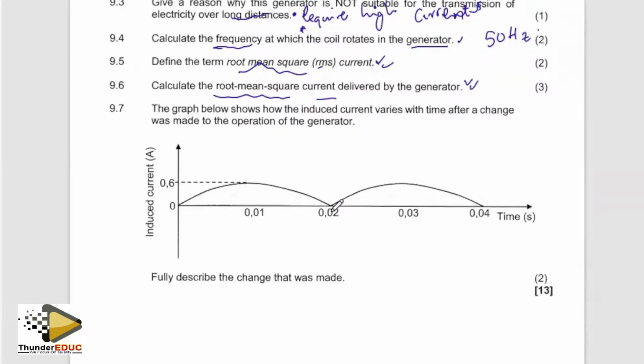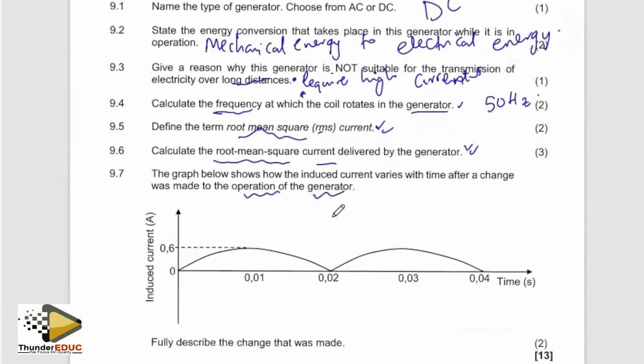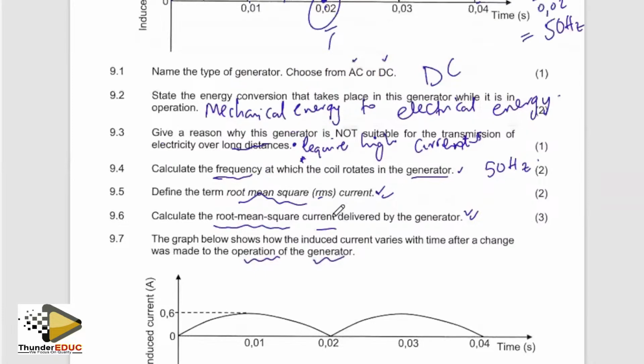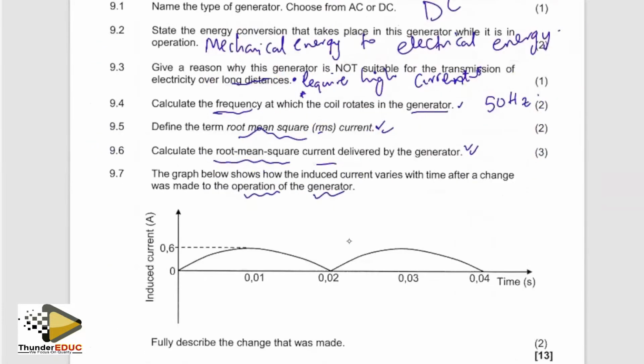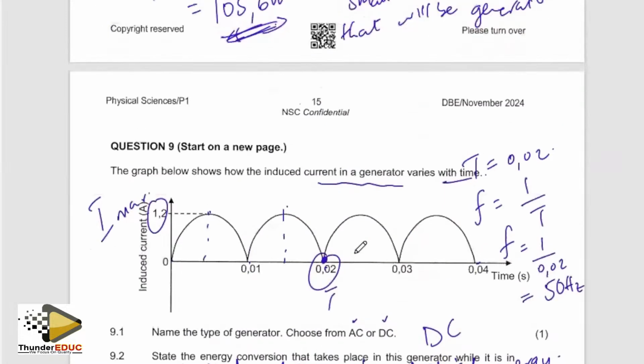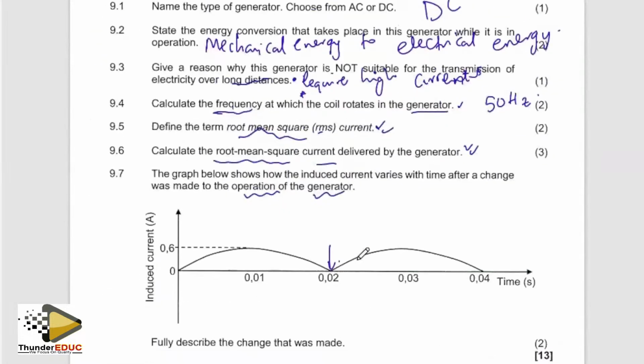9.7, the graph below shows how the induced current varies with time after some changes were made to the operation. Okay, so now we can see that we're getting 1/2 cycle after 0,02. And so on and so forth, which means the period is increasing, and we can also see that the induced current has decreased.